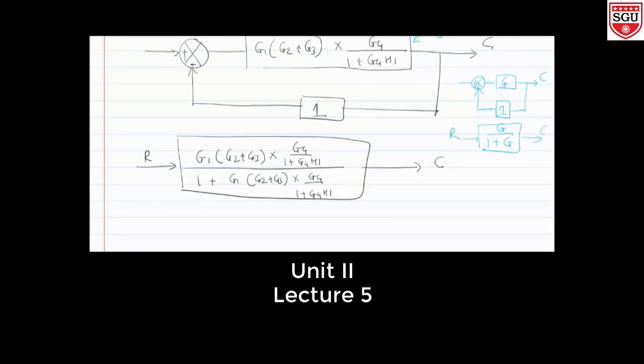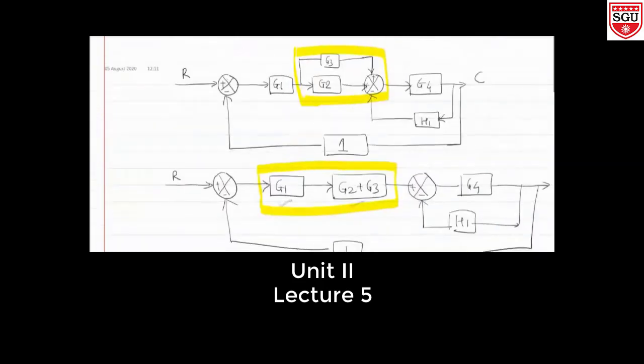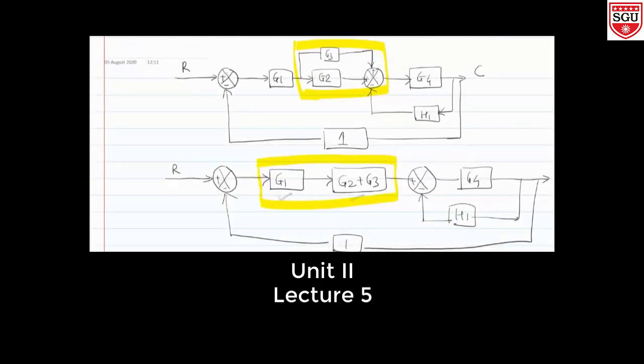Then it is expected that you should simplify this, making the cross multiplication, and simplify all the things. I will not do that now because it will take much time, but this is the expected simplified block diagram from the given block diagram.